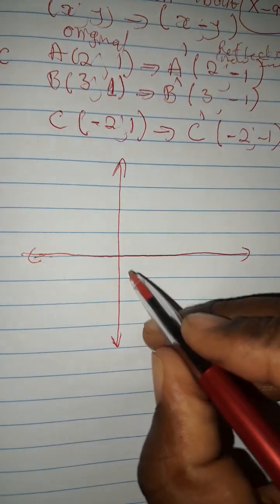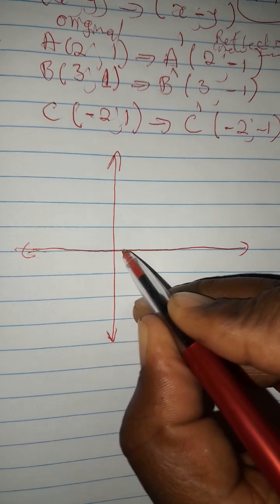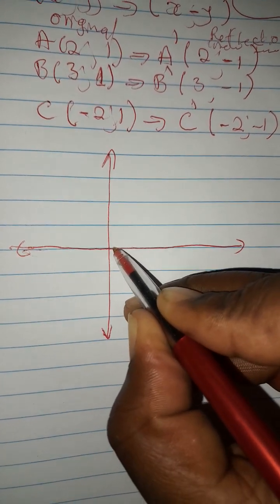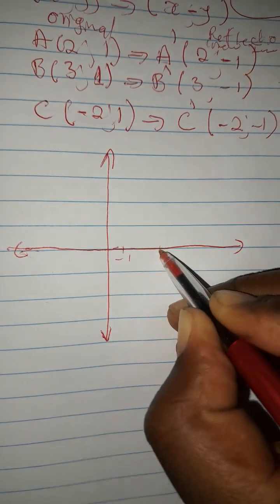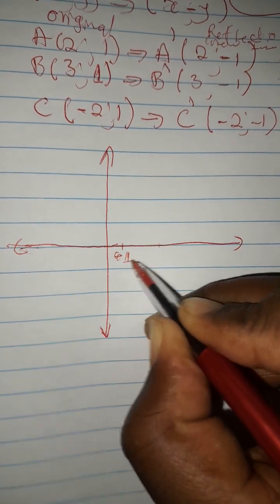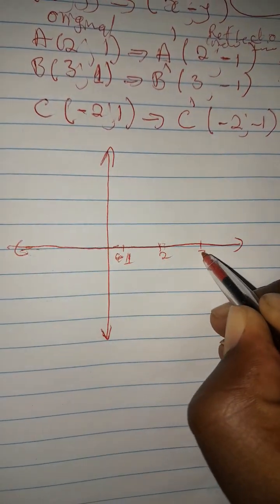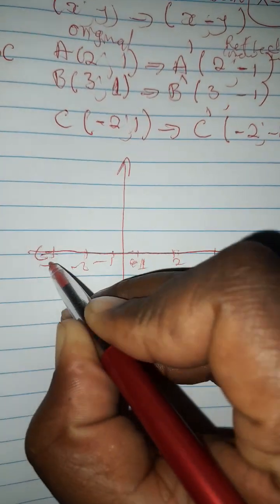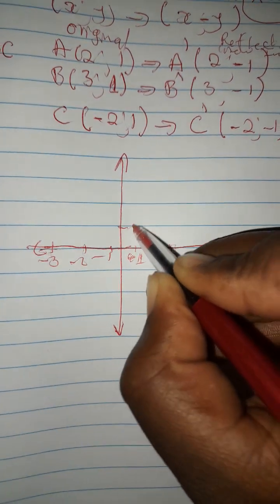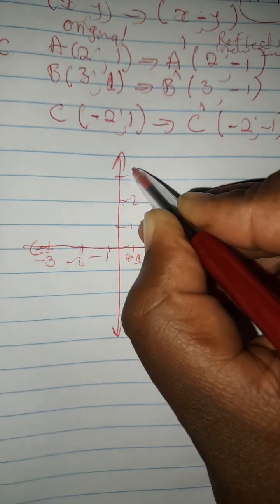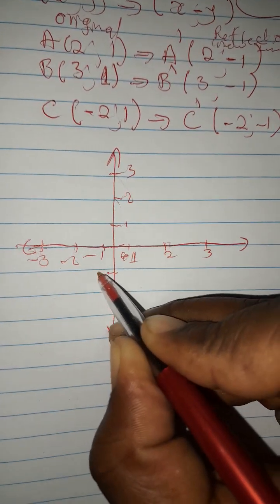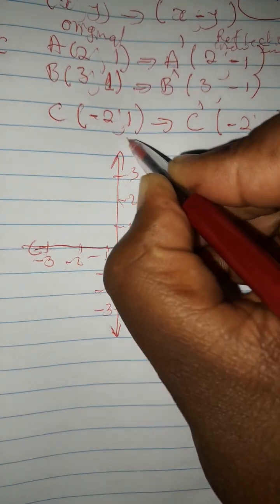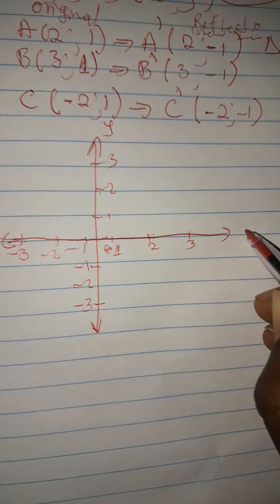We have (2, 1). Let's mark the axes: 0, 1, 2, 3 positive, and negative 1, negative 2, negative 3, on both directions. We name this the y-axis and we name this the x-axis.